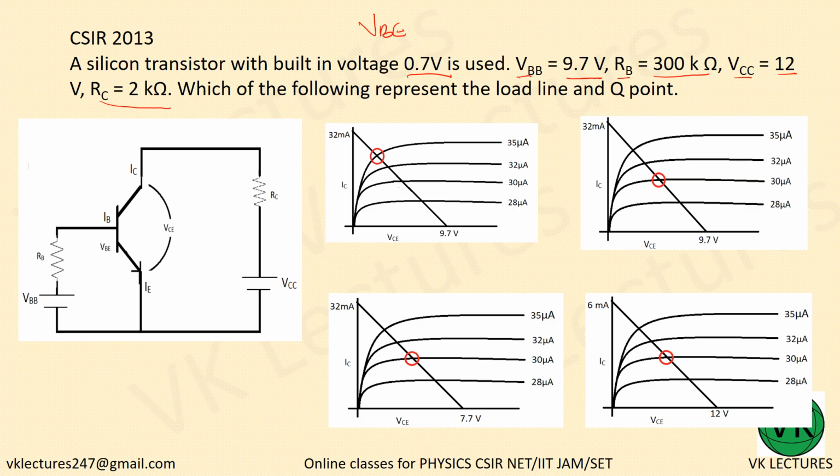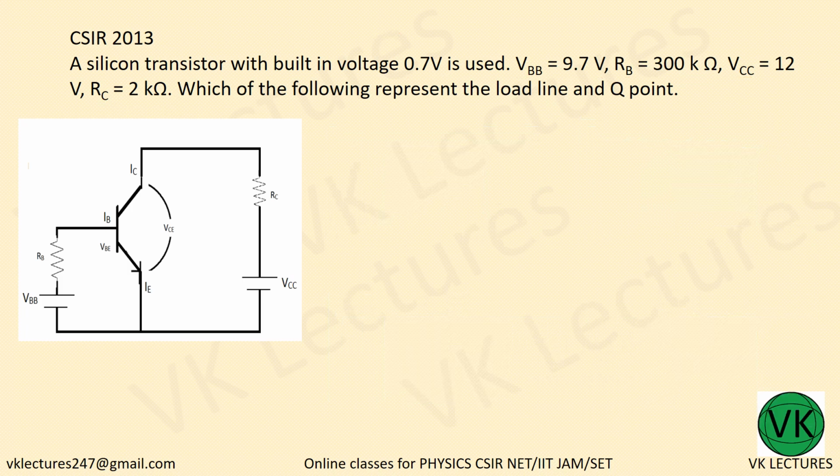So which of the following represent the load line and Q point? Okay, this is what the question is. What you have to do is just apply input KVL and output KVL. Your answer will be ready. So just let us try to do that.